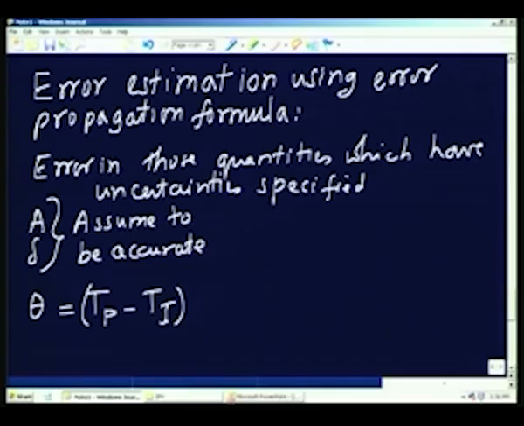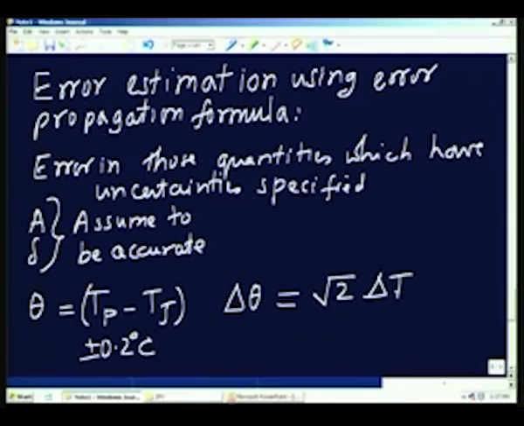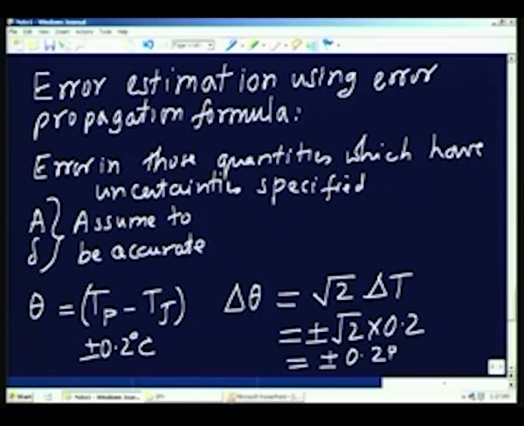Each one is individually having plus or minus 0.2 degrees Celsius, and you will immediately see that delta theta, or the error in theta, is nothing but square root of 2 times the error in any one of the temperatures. This can be verified easily, and therefore, this will be plus or minus root 2 into 0.2 degrees Celsius, and that comes to 0.283 degree Celsius.